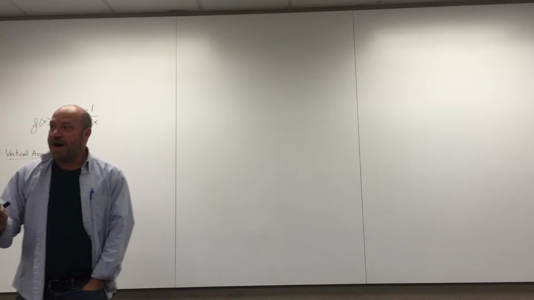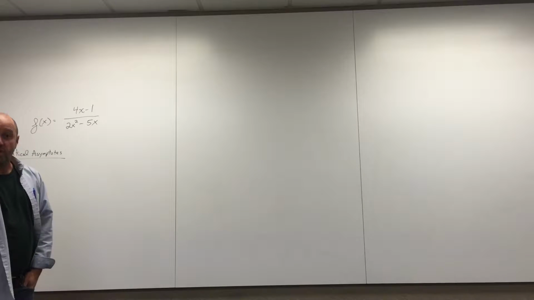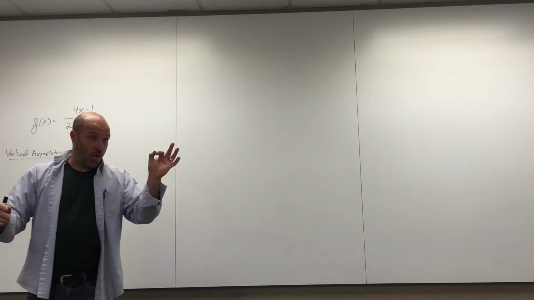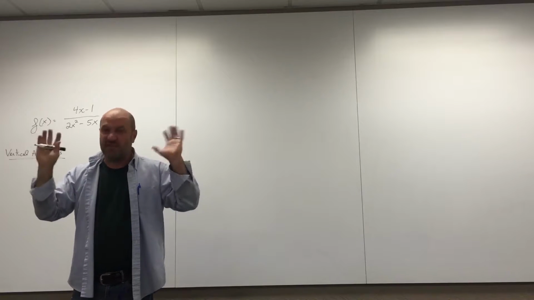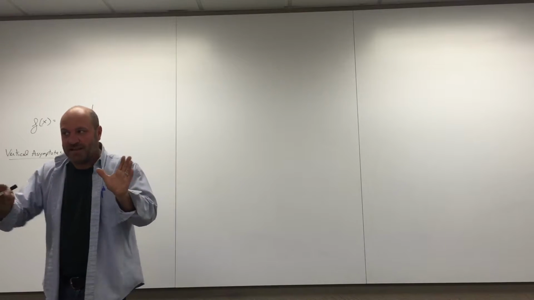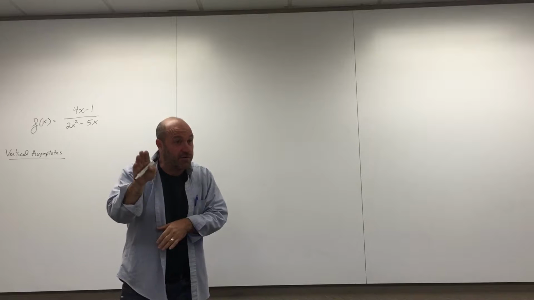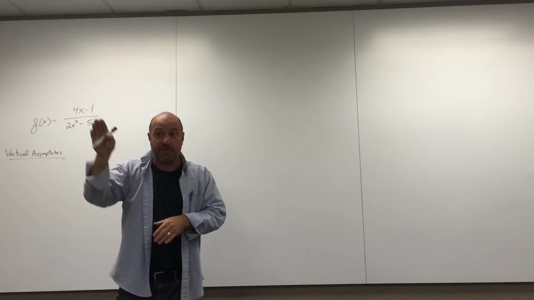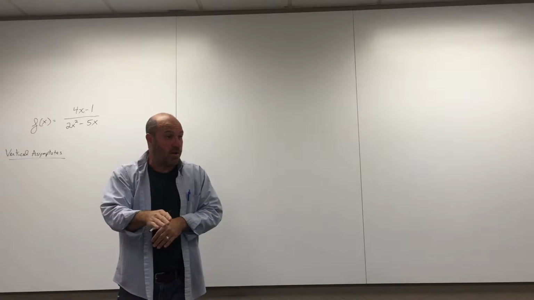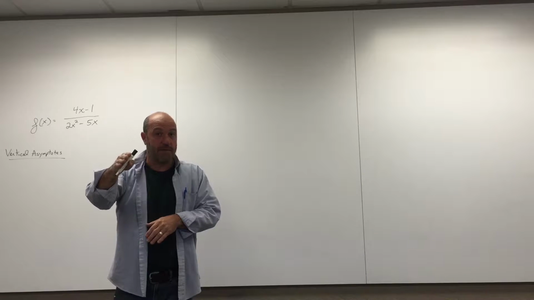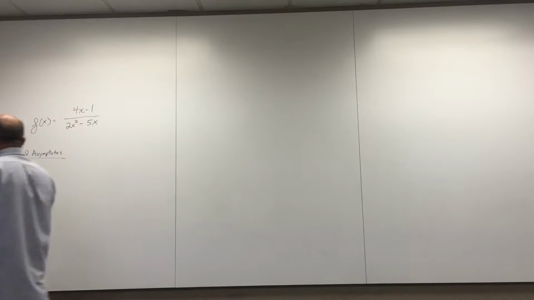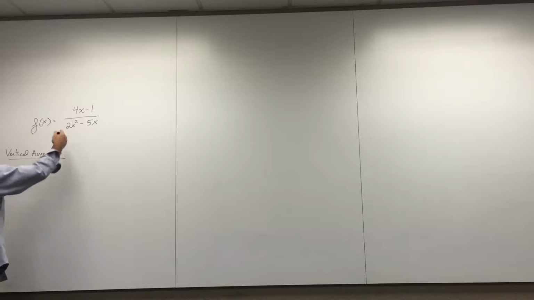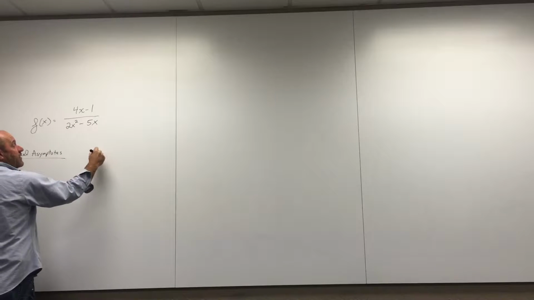All right, so when the function's undefined, we get these holes or we get these vertical asymptotes. Mostly, I think they're vertical asymptotes, unless, if you remember, that factor cancels in the numerator and the denominator. That's what made it a hole. But to find vertical asymptotes, basically, when does the denominator equal 0?